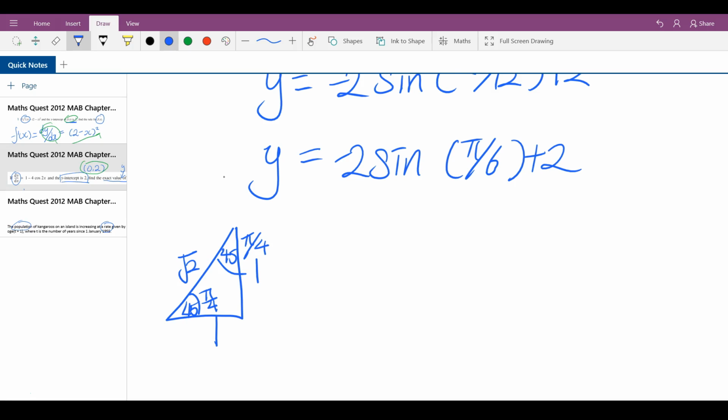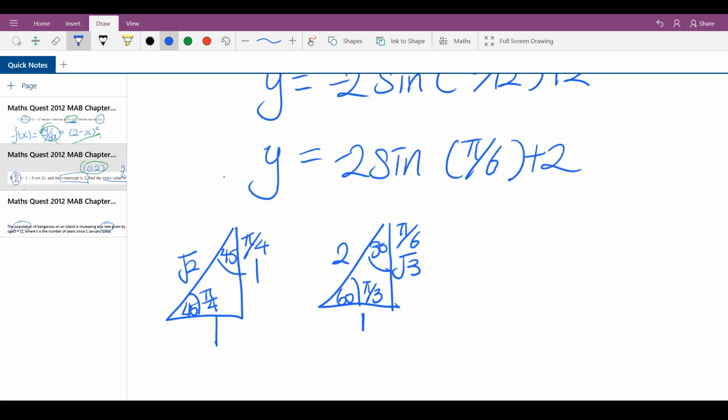We don't need that one because we're looking for pi over 6. So we should construct another special triangle. This one's a bit tricky. I remember this is 2, this must be root 3, and this must be 1. The angles on the bottom are 60 and 30. Now 30 is pi over 6, and 60 is pi over 3.